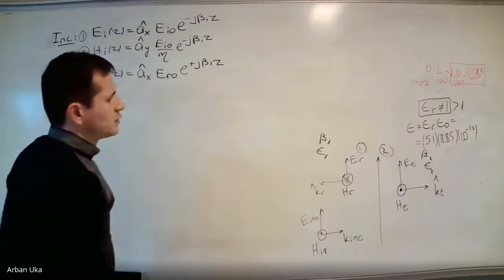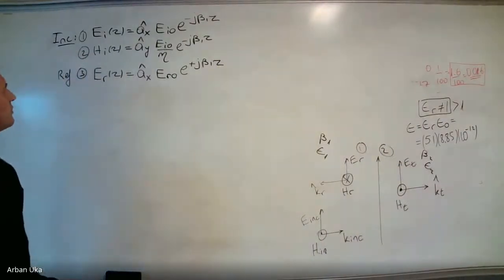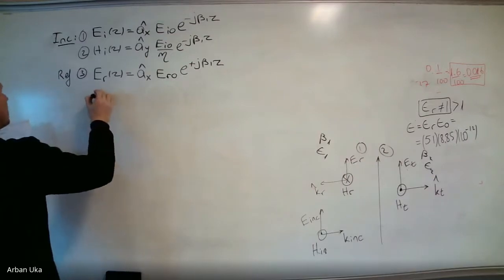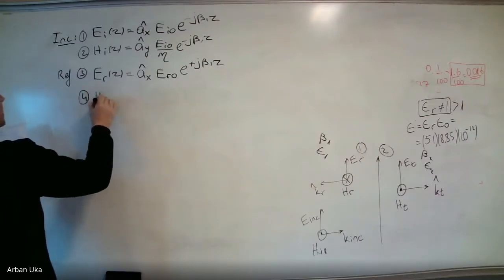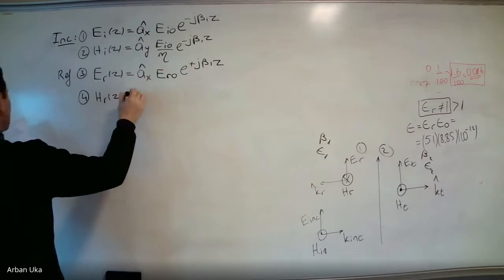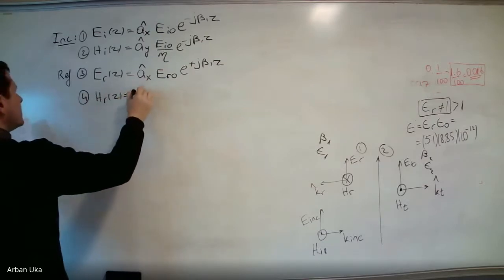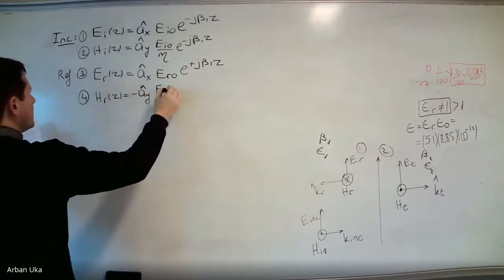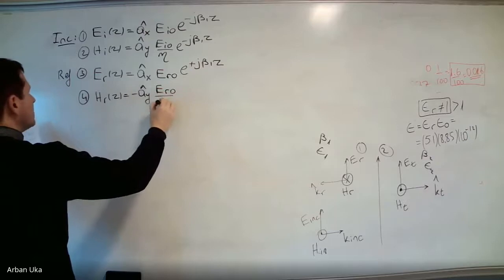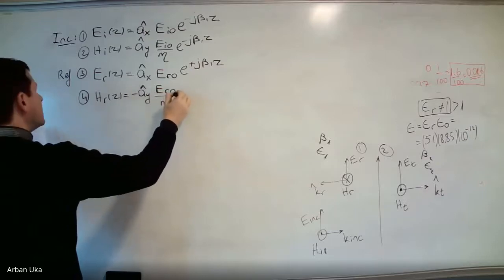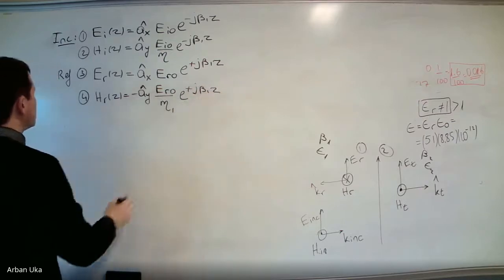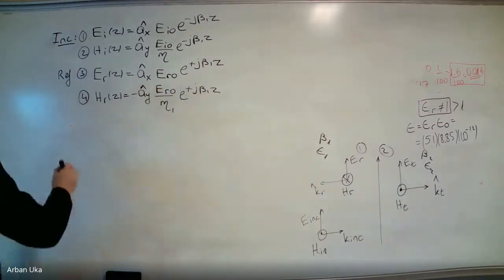And similarly, for the fourth equation, this is H_r as a function of z. This would be equal to minus a_y times the reflected wave electric field amplitude divided by eta 1 times e to the power plus j beta 1 z. This is the reflected wave.